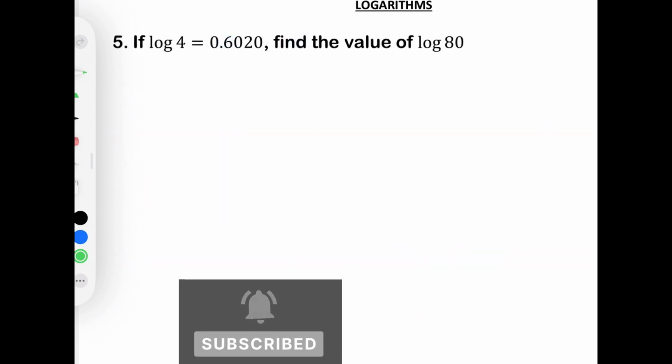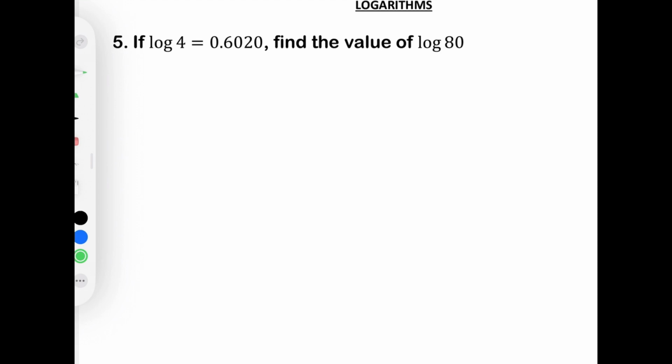In the next question, which says if logarithm of 4 is 0.6020, then find the value of logarithm of 80. So we have to use the given value of logarithm of 4 and find the value of logarithm of 80. We know one value, that logarithm of 10 with a common base, that is 10, is 1.